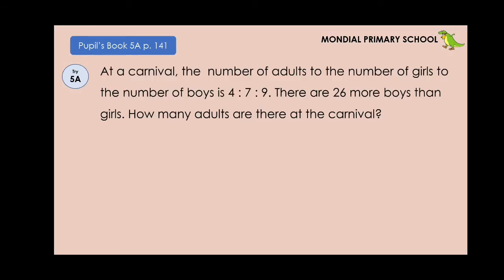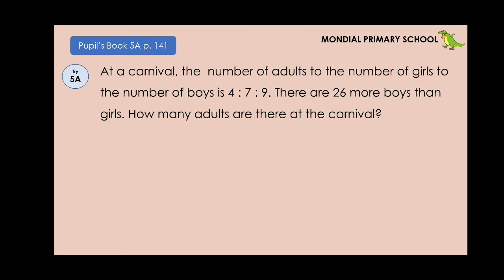Let's move to page 141 and do Try 5A. At a carnival, the number of adults to the number of girls to the number of boys is 4 to 7 to 9. There are 26 more boys than girls. How many adults are there at the carnival?